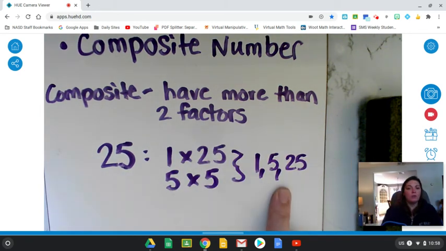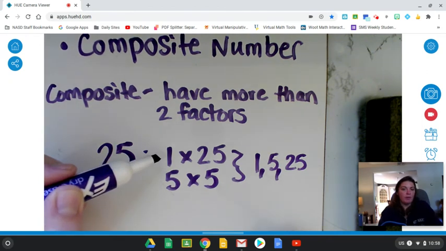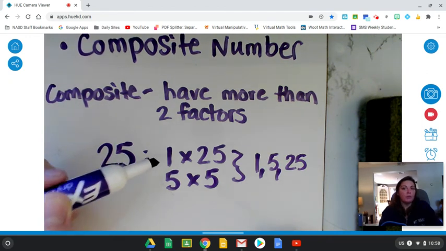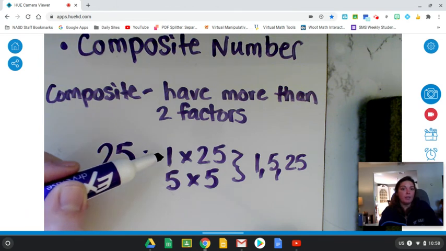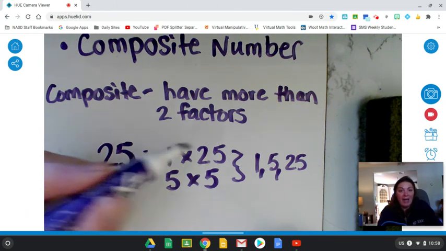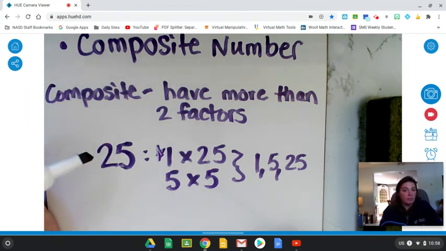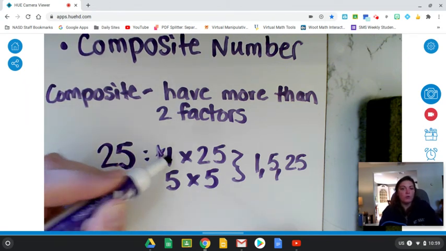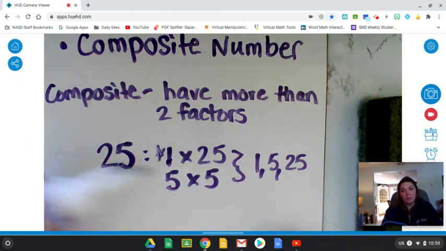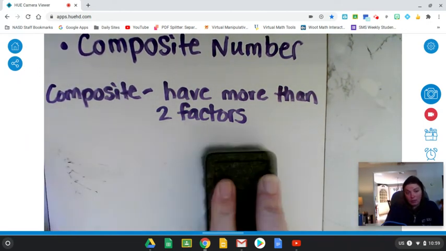We know that 25 is composite. When I was listing my factors of these numbers, notice that I always started with the same pattern. Every number is divisible by 1 and itself, and I always would start with 1 times that number. Don't forget 1 as one of your factors.